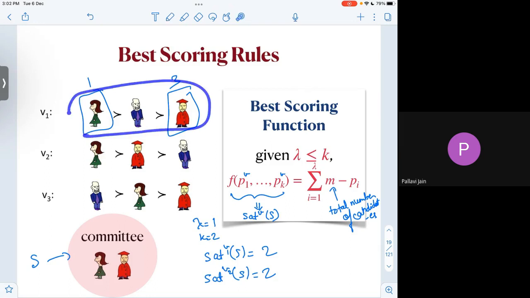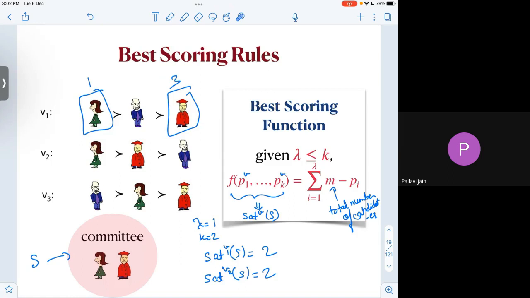This is ordered, okay? But committee is not ordered. It is any set. It is an unordered set, right? Now you have 2 candidates, right? Just look at their position in this ranking. The position vector is an ordered vector, but committee is a set.